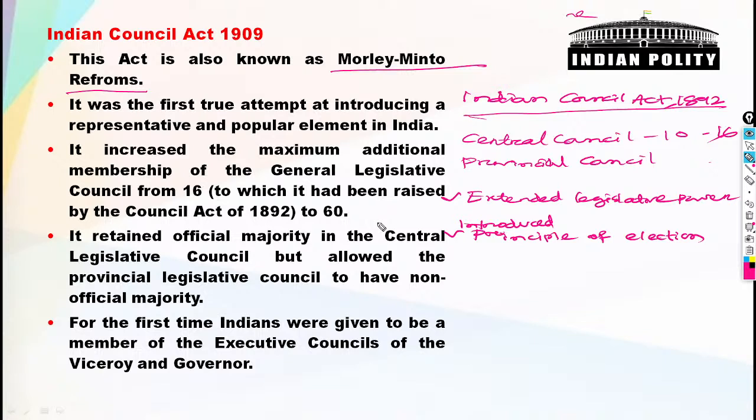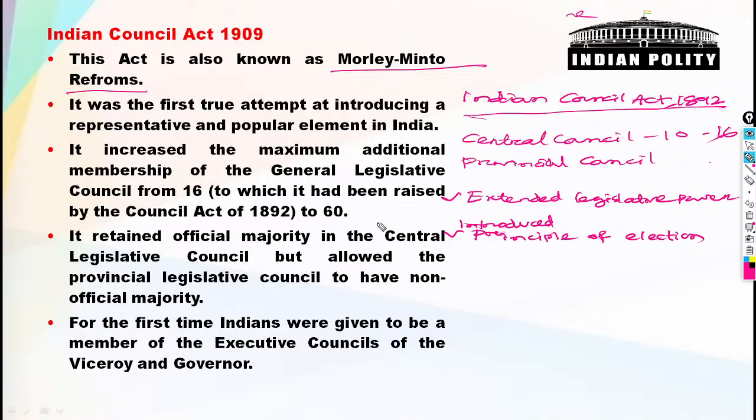It led to the emergence of revolutionary terrorism in India during this time, as it was not up to the expectation of the Indians. So this is the second Council Act.